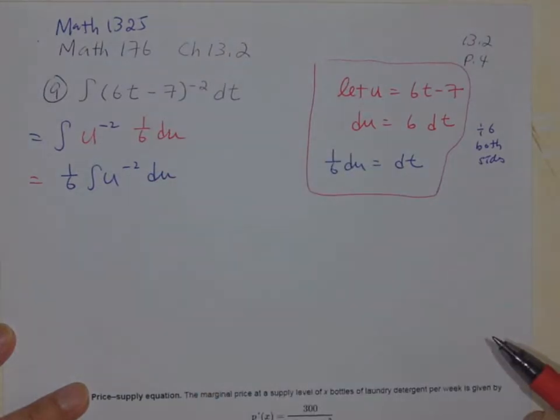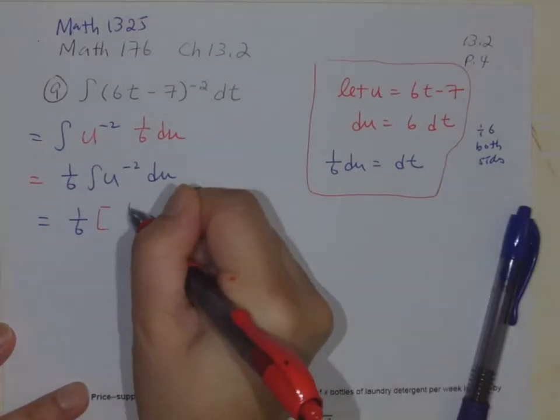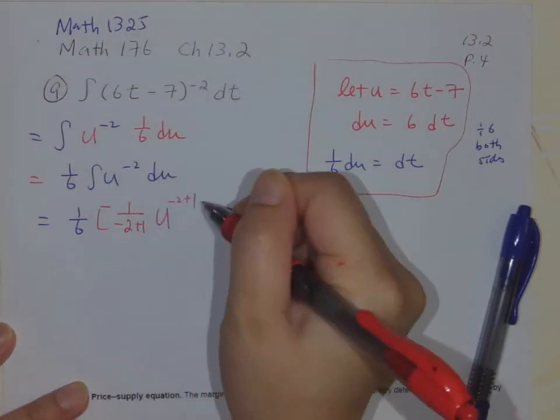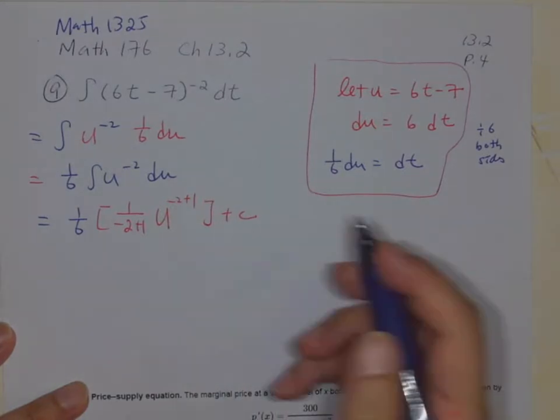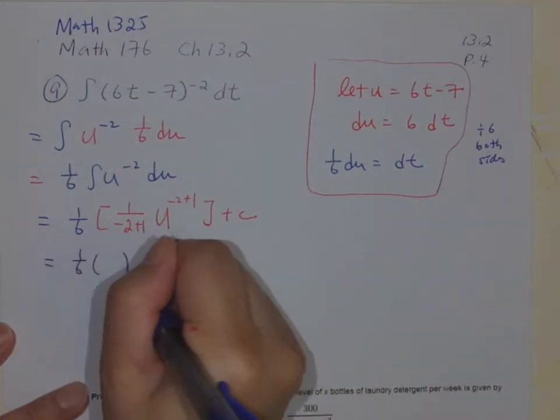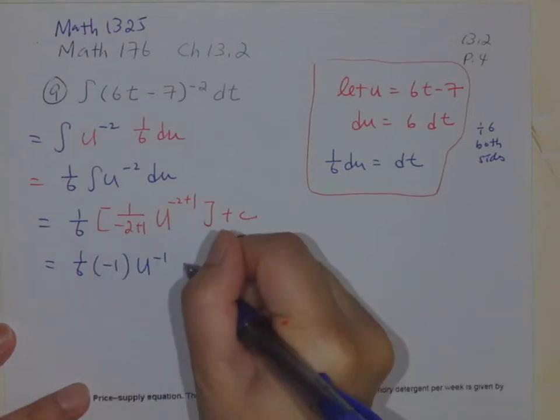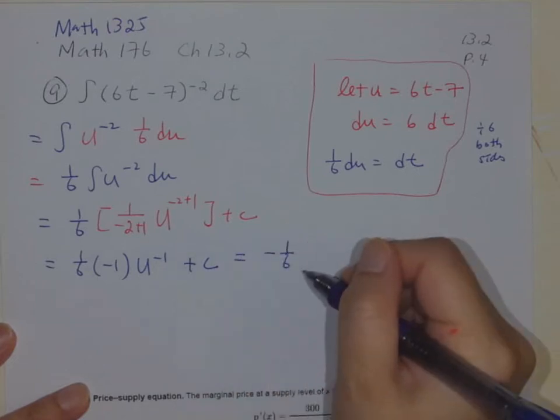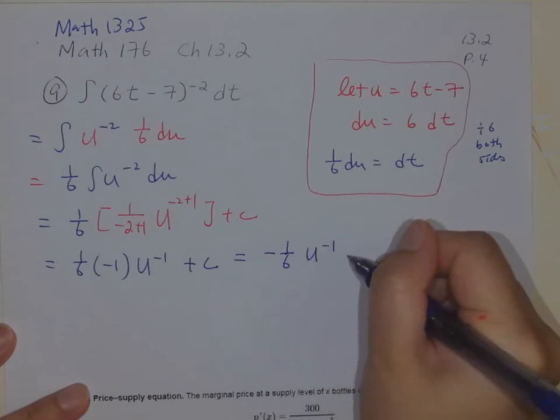And then we're going to do the integrations, which will equal to 1/6, and then we have 1 over -2 plus 1, u raised to -2 plus 1, and then add a c, right? Okay, let's see. So this would be 1/6 times basically a -1, u raised to -1 plus c, so we got -1/6, and then u raised to -1 plus the c.